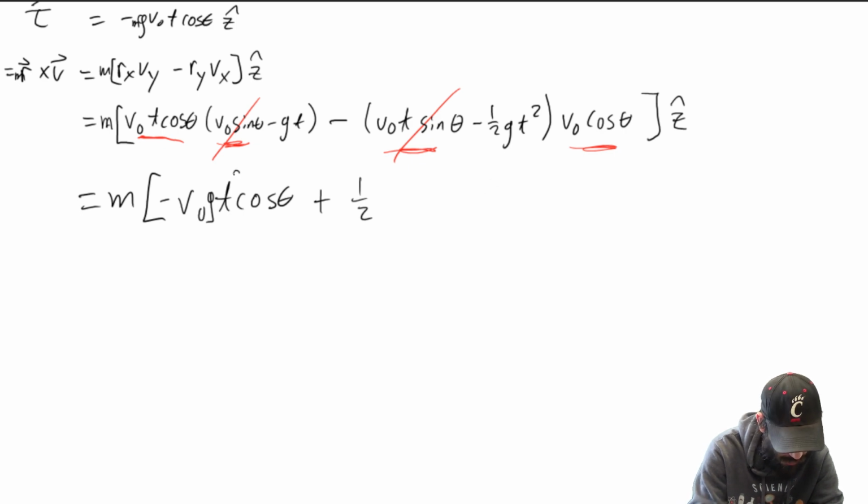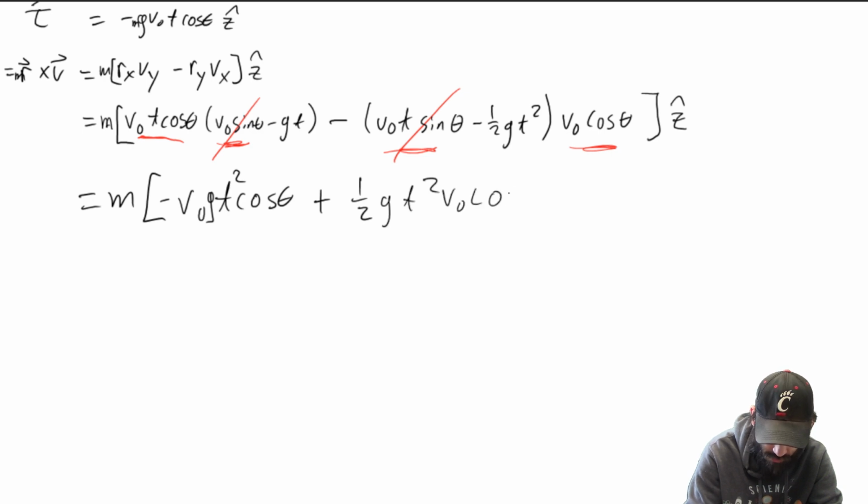This is t times t, it's t squared. 1/2 g t squared times v0 cosine of theta. Sometimes you get to this point and you have to look to see that these actually are the same, because I didn't write the variables in the same order. So v0 g t squared, v0 g t squared, cosine, cosine.